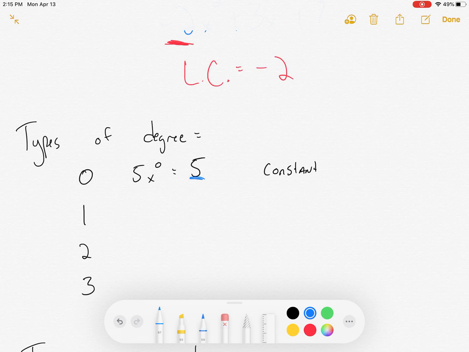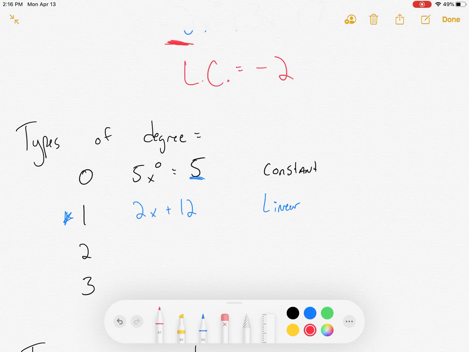Okay, next, a degree of 1. Again, degree is just the highest exponent. That would be 2x to the first plus any number. I'm going to say plus 12. My highest exponent here is 1, and this is called a linear polynomial.